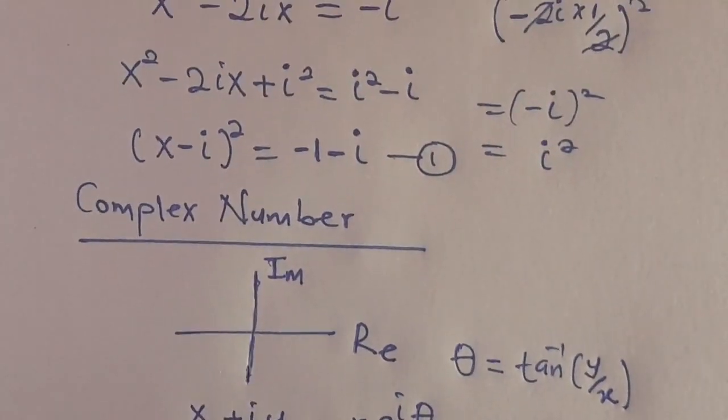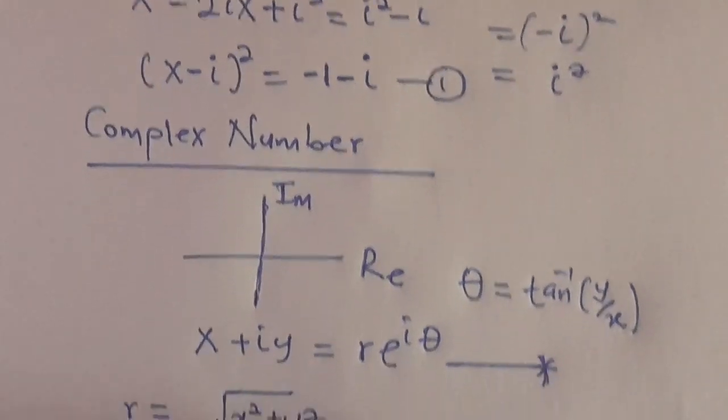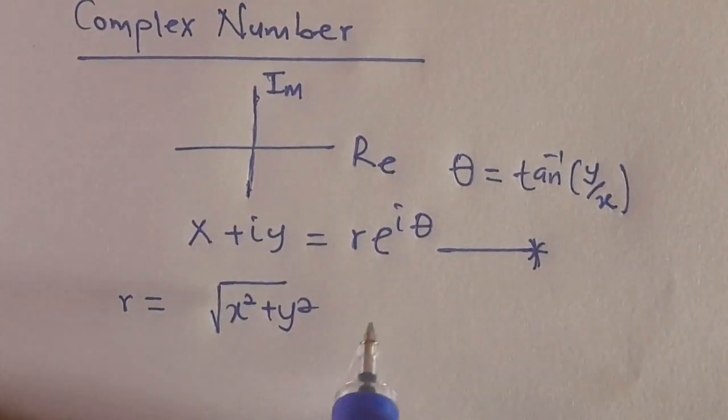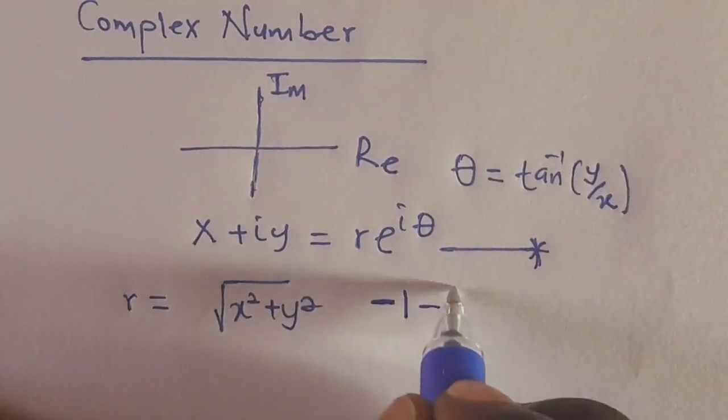Now let us deal with the right hand side of equation 1, which is minus 1 minus i.